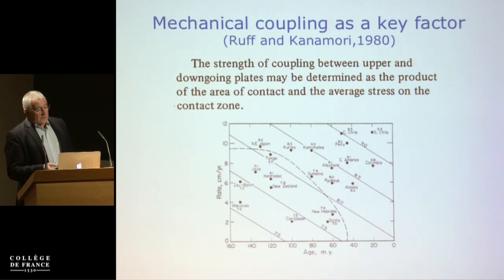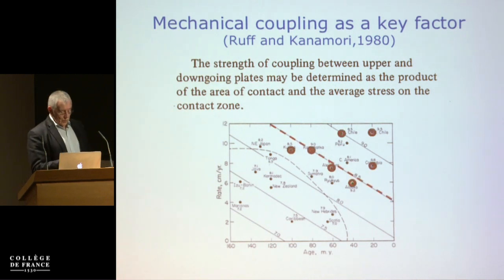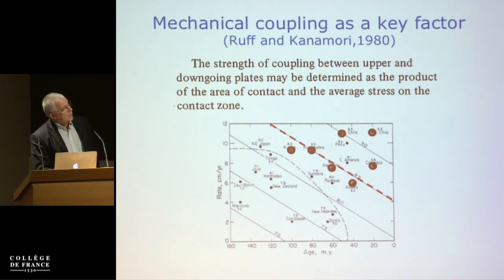As was already indicated by Francesca, it was a very good fit at that time. Here I indicated earthquakes with higher than 8.5 magnitude, and this is the line of 8.5 in this diagram of rate and age they suggested.